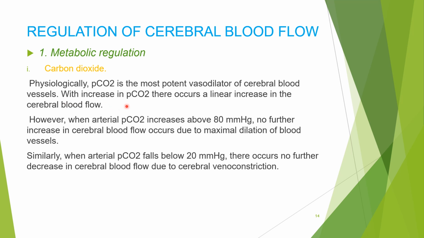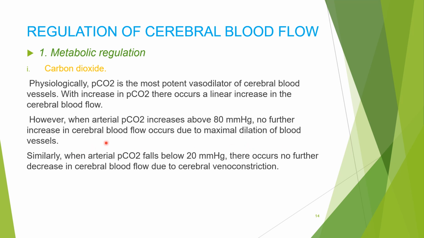With an increase in the PCO2 in the blood, there will be a linear increase in the cerebral blood flow. Okay, linearly. However, when the arterial PCO2 touches 80 mmHg or increases above 80 mm of mercury pressure, then what happens? There is no further increase in the cerebral blood flow. Because why? Because maximum dilatation of the blood vessels has already happened.